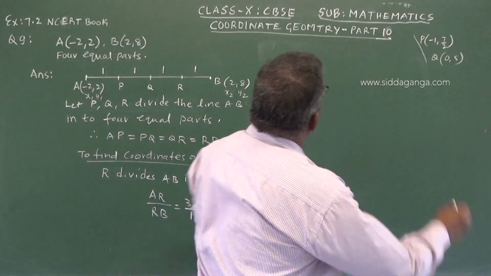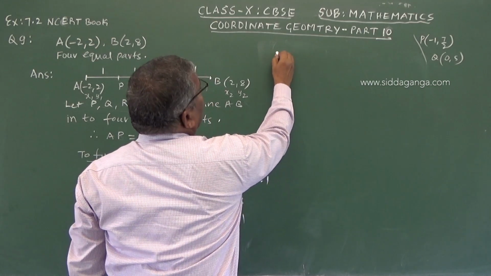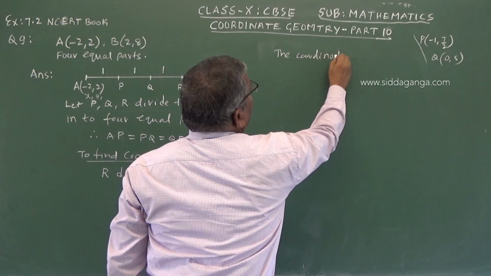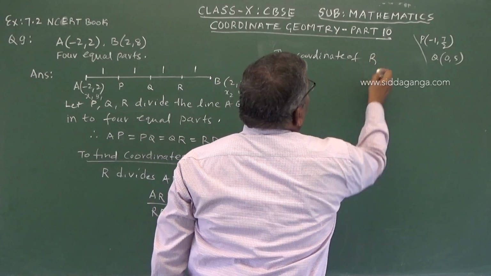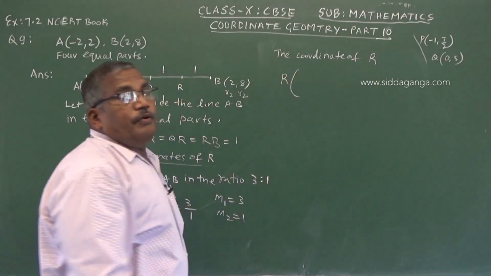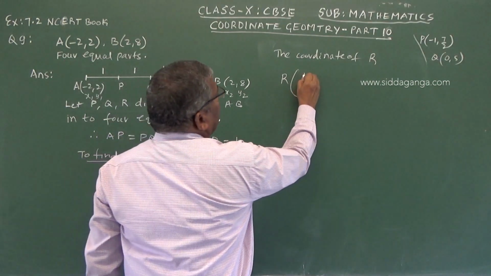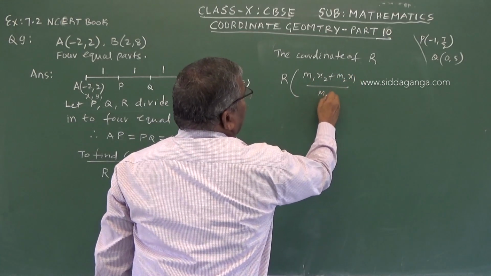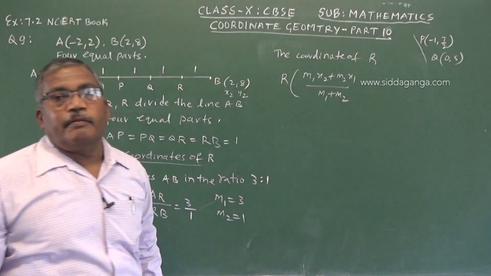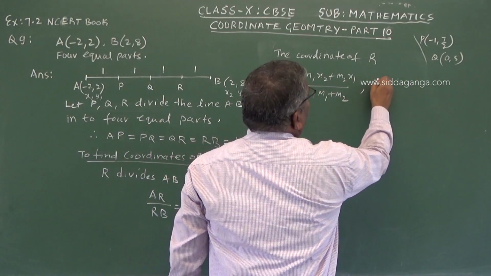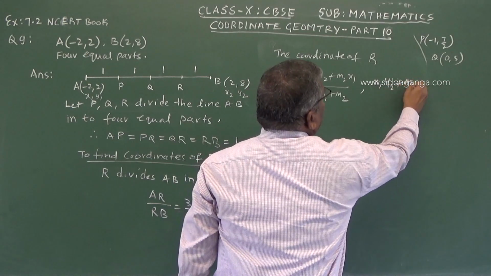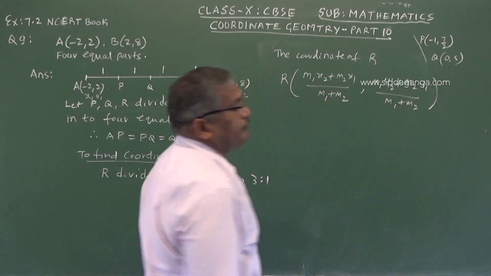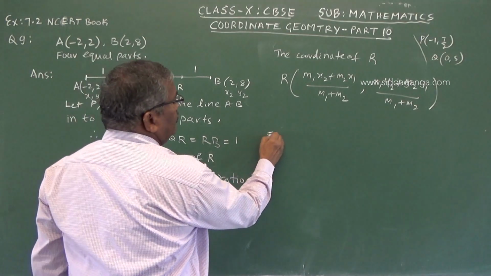Now the coordinates of R. We will take up the section formula here: M1 x2 plus M2 x1 by M1 plus M2, and M1 y2 plus M2 y1 divided by M1 plus M2. Now apply the values carefully.